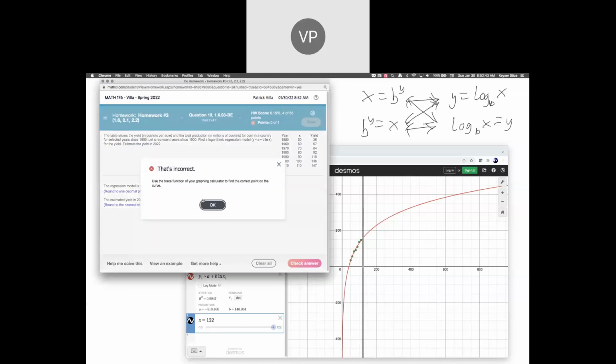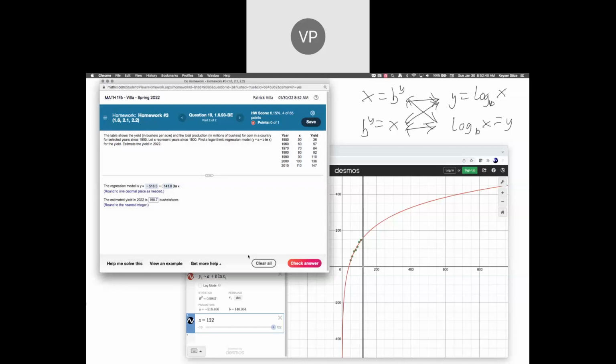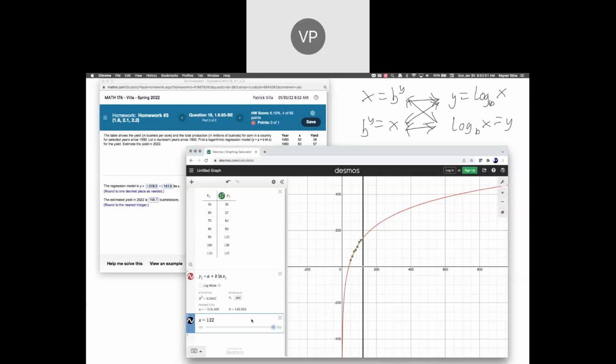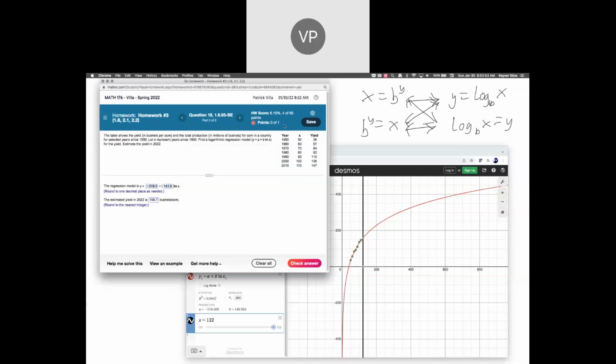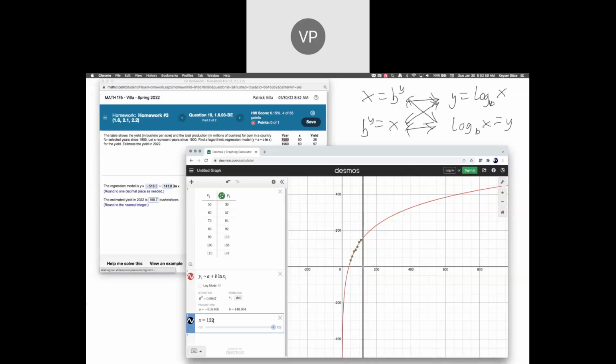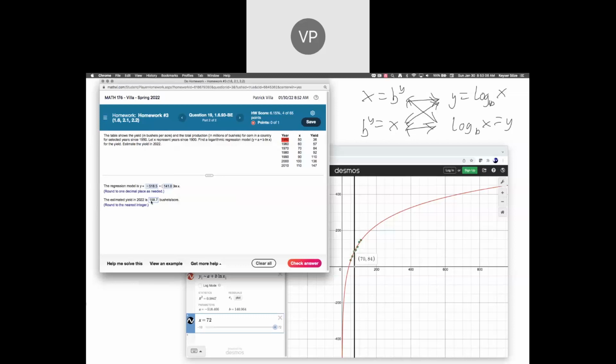And, oh, did I miss that? Oh, go back. I'm sorry, I did something wrong. You guys see what I did wrong on that one? It's not 122. It's the years after 50. So I actually got to put 72 in here. Important to read it. And where does 72 hit? 84.4, I believe.